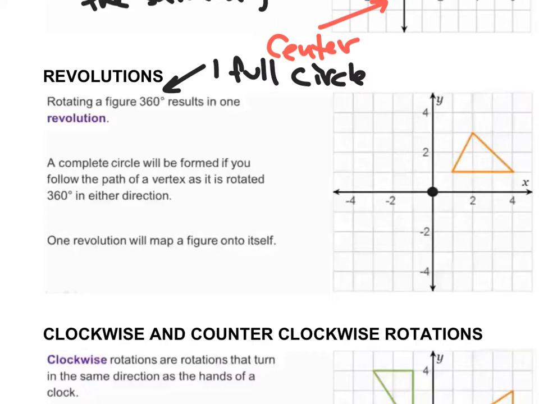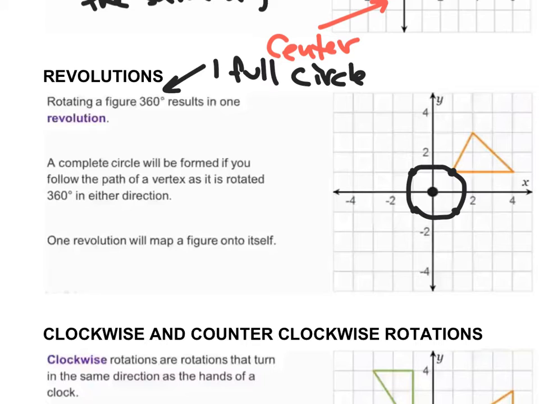A complete circle will be formed if you follow the path of a vertex that is rotated 360 degrees in either direction. If I were to take this point here, it would rotate over to here, over to here, over to here, and back around, and then you create a circle. That's what a revolution means.